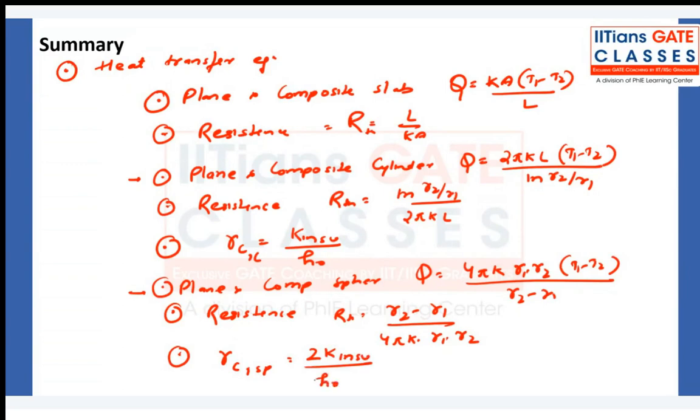Then what else have we talked about? Tell me very quickly. Overall heat transfer coefficient. What else? UA equals 1 upon R total. Then we have talked about combinations: series, parallel, and combined connections.